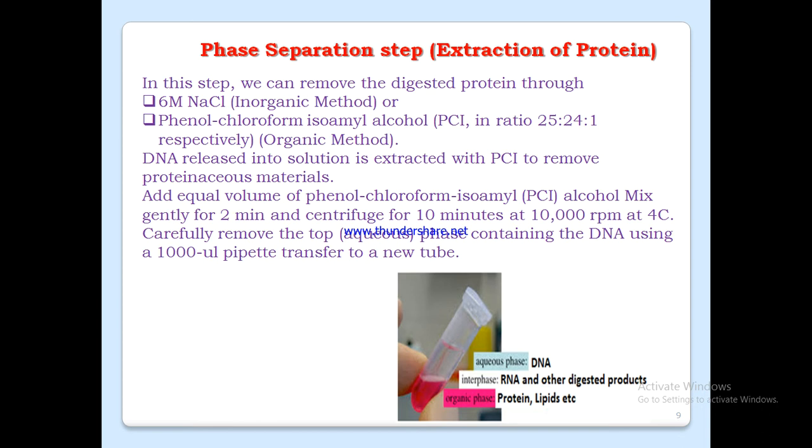Add equal volume of phenol-chloroform isoamyl alcohol (PCI). Mix gently for 2 minutes and centrifuge for 10 minutes at 10,000 revolutions per minute at 4°C. Carefully remove the top aqueous phase containing the DNA using a 1000 ul pipette. Transfer to a new tube.